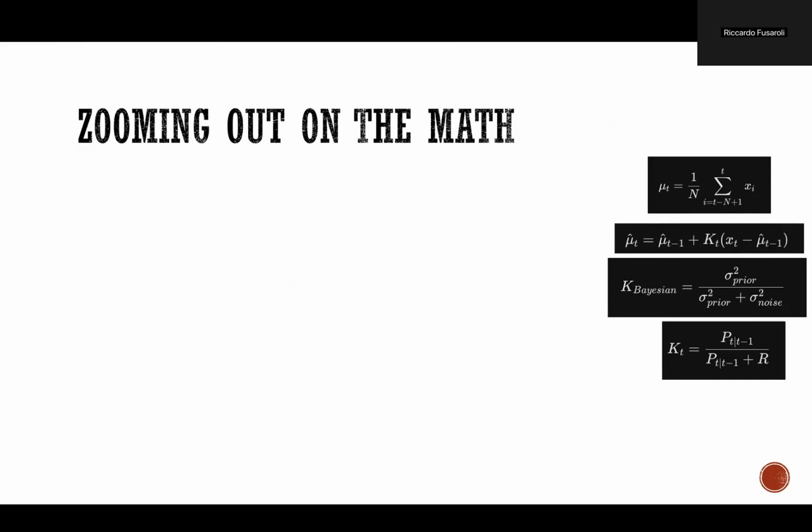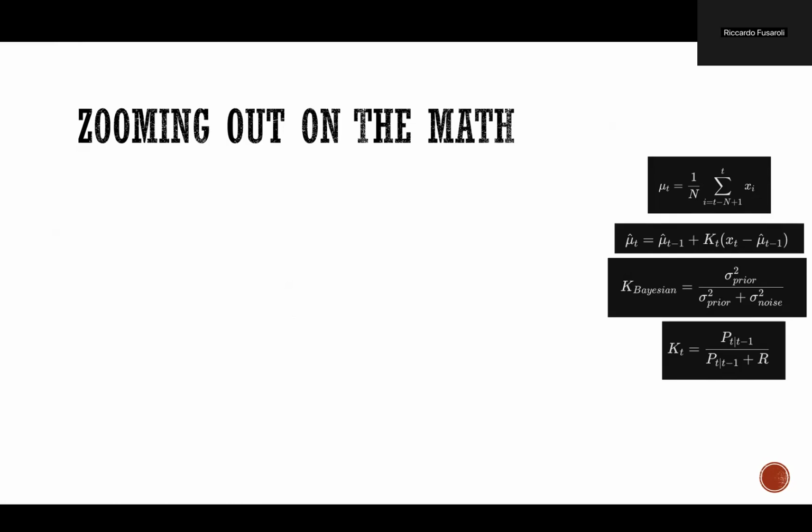Yes? So if the uncertainty in the prior is high, what happens to the learning rate? If the uncertainty is very high and the uncertainty in the signal is very low, the learning rate should be very high.